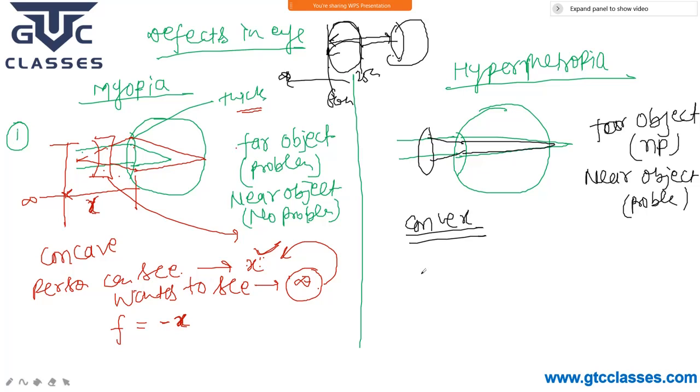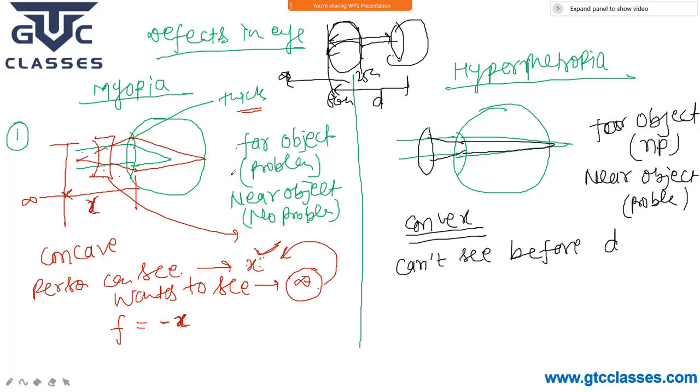How they identify actually? So what they do? Let's say the person can't see before small d. Let's say this distance is a small d. This is the minimum distance. 60 is the minimum distance which the person can clearly see. Before that it can't see. Correct?